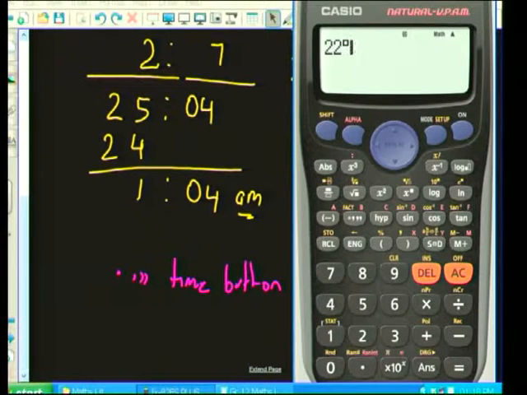Okay, so let's go through this. We've got 22 hours and 57 minutes, and to that we're going to add 2 hours and 7 minutes. We press equal, and you can see that I've got 25 hours, 4 minutes, and 0 seconds. But I still need to convert to my day.